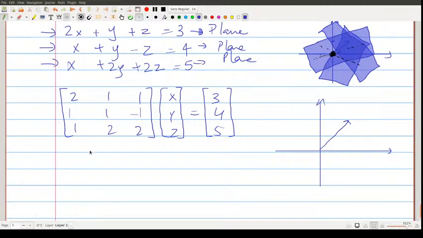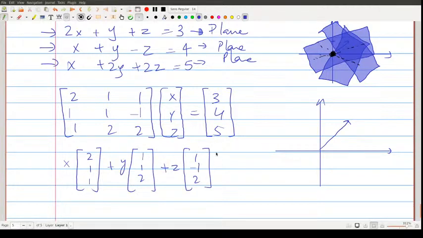Let's write down the equations: x times (2, 1, 1) plus y times (1, 1, 2) plus z times (1, -1, 2) equals (3, 4, 5). So again, I'm asking, how will I take a linear combination of x, y, z and get this right hand side? Let's draw these, (2, 1, 1) maybe looks something like this.